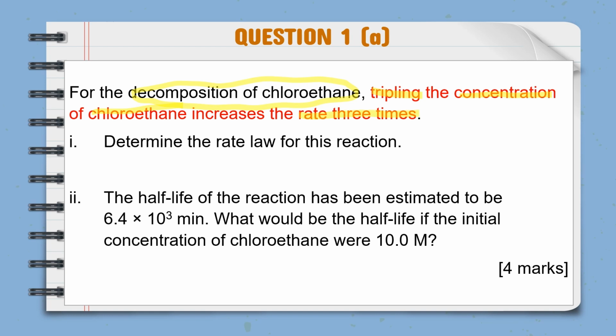Then the question asks you to write the rate law. The second part is about the half-life of the decomposition of the chloroethane, and asks what the half-life is if the initial concentration is 10.0 molar. Now let us look at how we are going to solve this question one by one.